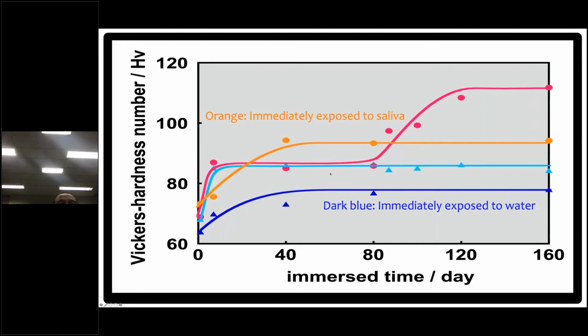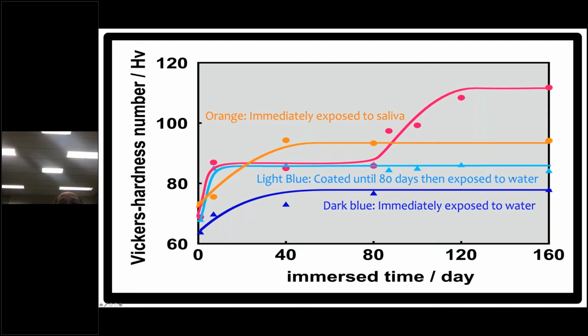Now they studied what happens if we place the glass ionomer cement and put a coating on. Once you put the coating on, the hardness is higher than with no coating, but after 80 days, nothing changed. After you expose it to saliva, nothing changed.